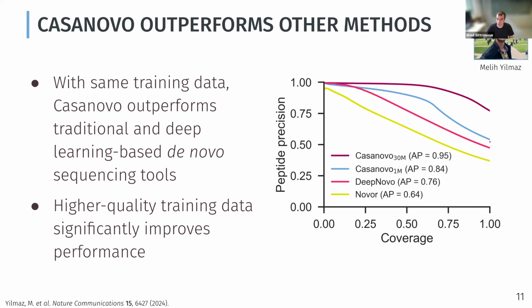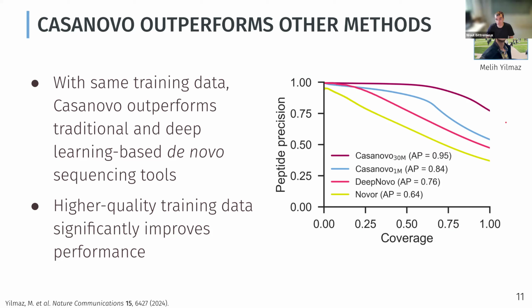But a benefit of the transformer architecture is that it scales very nicely if you give it more data. So when we increase our training data set from 1 million spectra to 30 million spectra, we see a very strong boost in performance, and on this subset we get very strong performance with an average precision of 0.95.